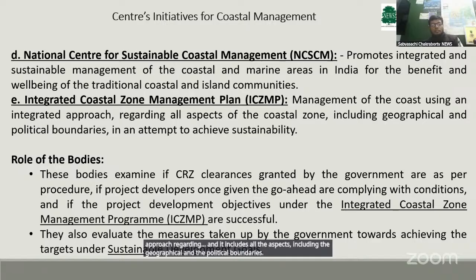And what are the roles of these bodies? Suppose a company or an organization wants to establish some infrastructure. First of all, that company has to approach all the authorities who are monitoring these coastal regulation zone plans, and only if they get clearances from the government can they proceed.